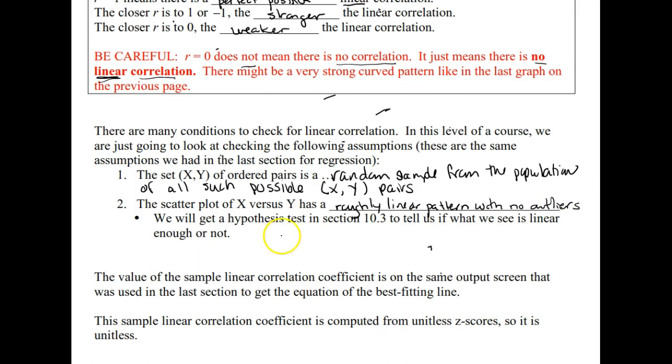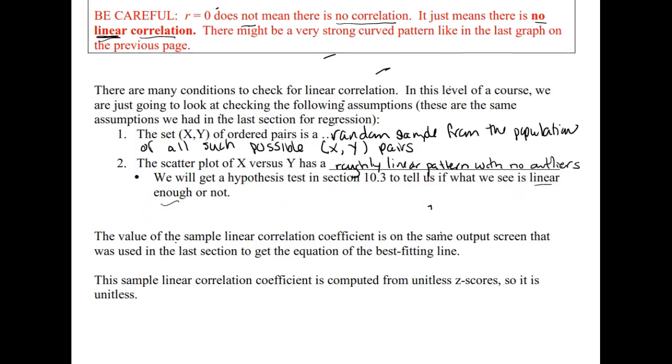Now we're going to get a hypothesis test in section 10.3 to tell us if what we see is linear enough or not. Now the value of the sample linear correlation coefficient is on the same output screen that was used in the last section to get the equation of the best fitting line. And the sample linear correlation coefficient is computed from unitless z-scores, so it is a unitless number.